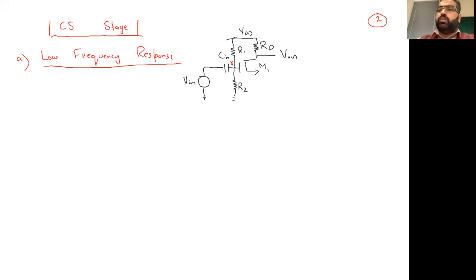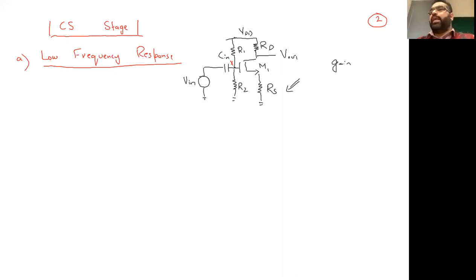And initially we're assuming this as a common source with degeneration. Okay, so we are having an RS here. So we are having a common source with degeneration circuit with the Cin. We all know because of the addition of this RS, the midband gain, or ultimately the gain, goes down.